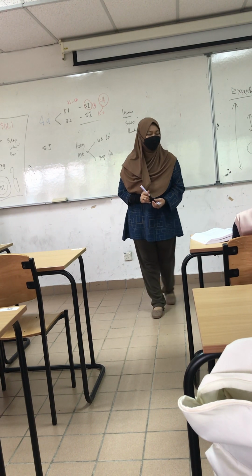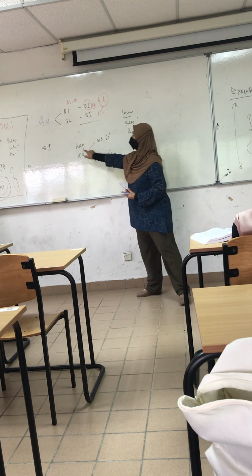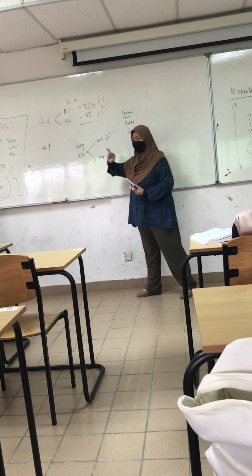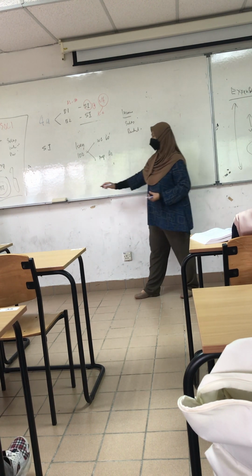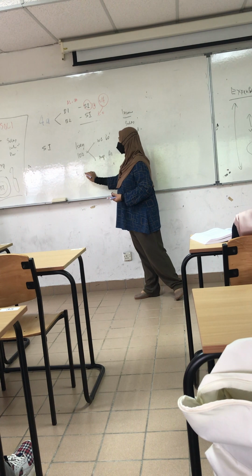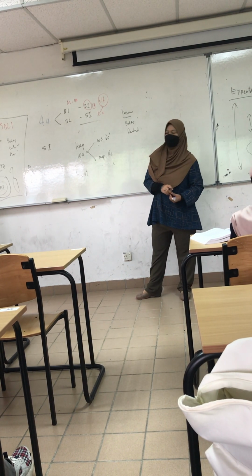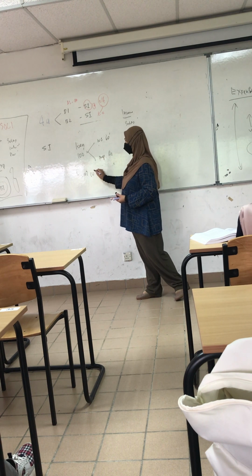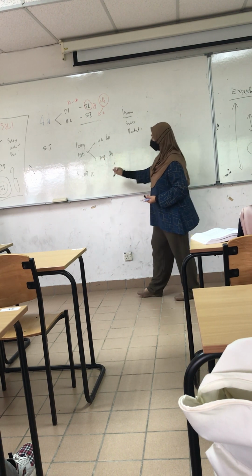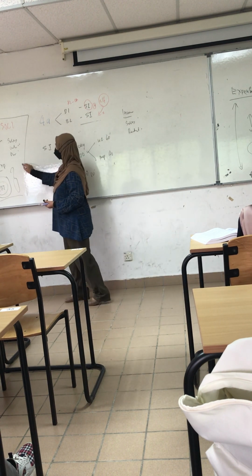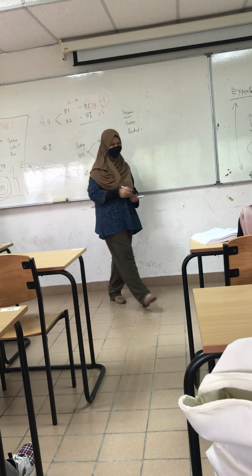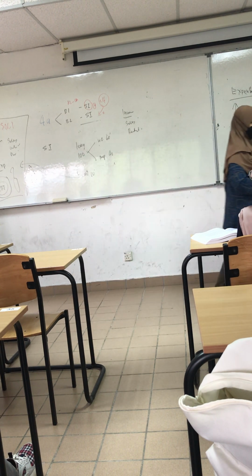Mark, when you take up loan, what are the expenditure associated to the loan? Interest. Assuming interest is 10%. So during the year, how much is your interest? 10,000. Right? So the 10,000 interest is charged in your SOKI. Okay?